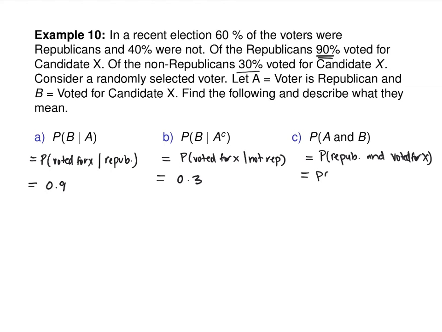This is equal to P of A times P of B given A. Well, the probability that you are Republican is 0.6. And the probability that you voted for X given that you're Republican was 0.9. So in the general pool of things, the probability that you were Republican and voted for candidate X was 0.54.